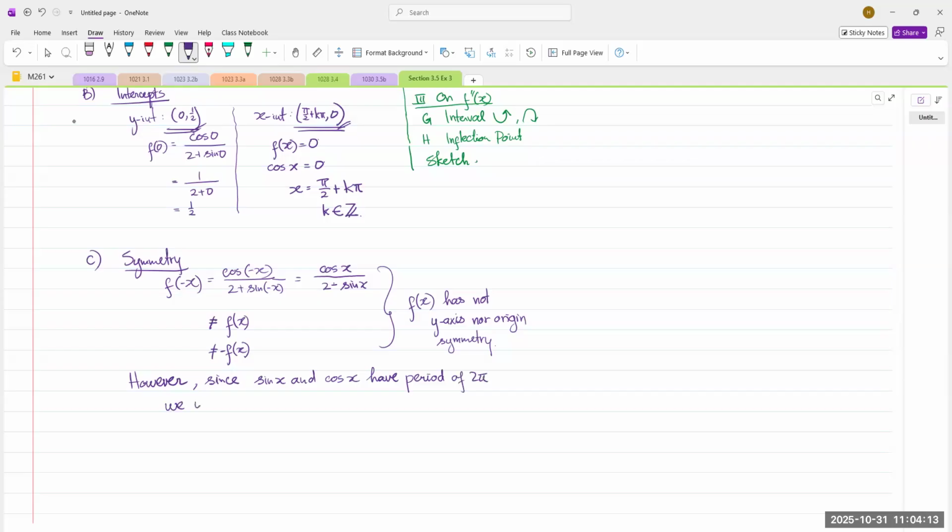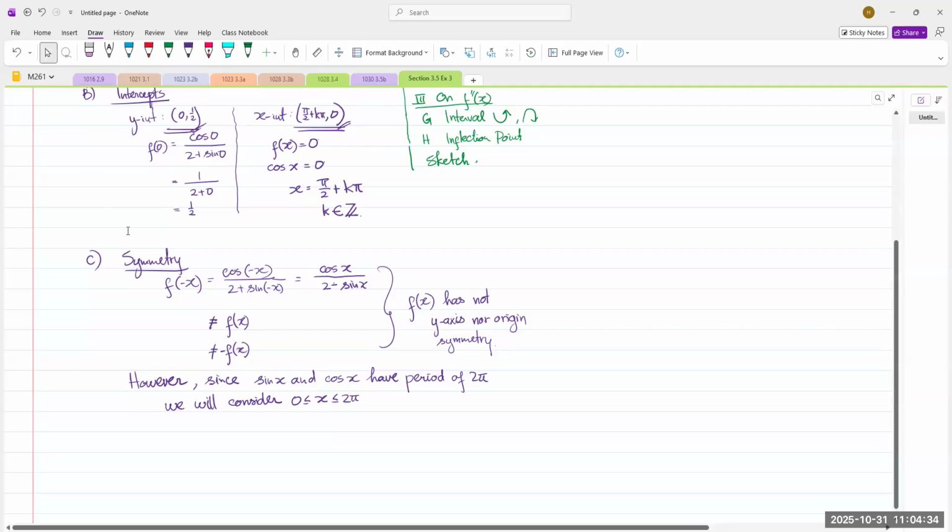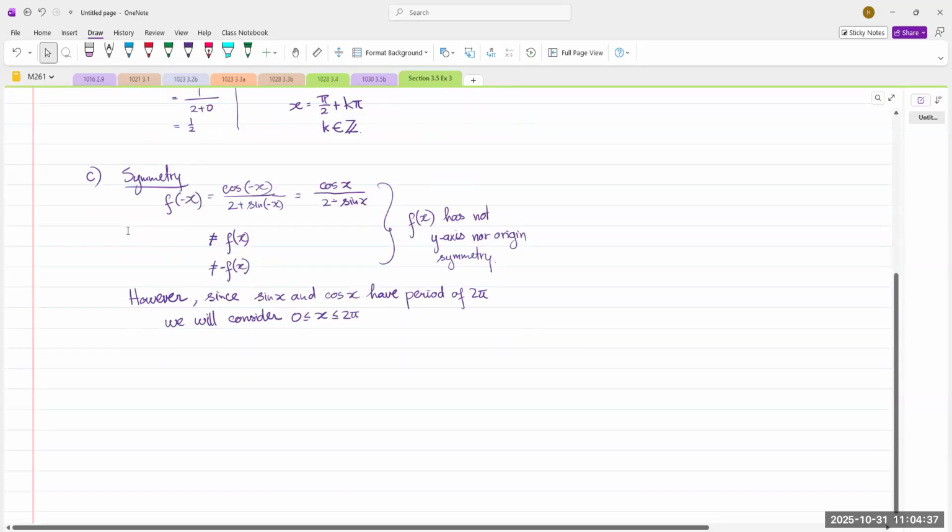We will consider the domain x from 0 to 2 pi only. And then after that, when we sketch that, we will copy paste every 2 pi whatever we have in this first period from 0 to 2 pi.